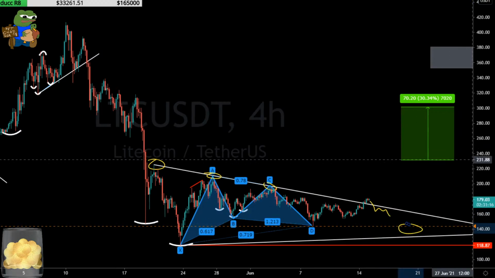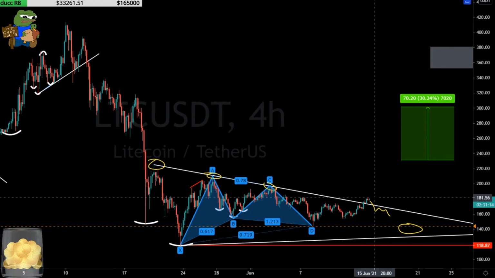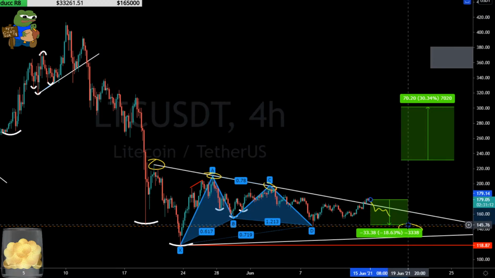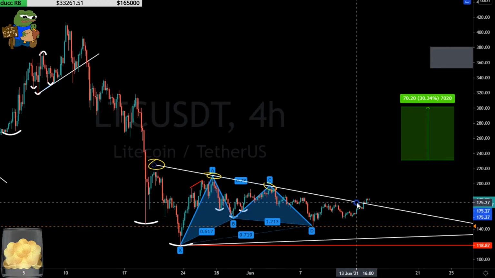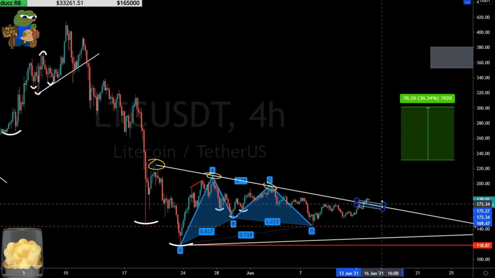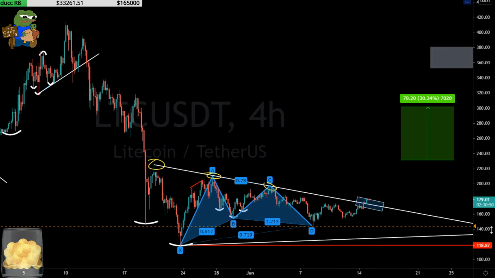Or hold it out, it's up to you, but from where you are down to 140, that'd be an 18% sell-off. So you probably want to bail and re-enter if you fall below this, okay? So, pretty clear area of invalidation. You don't want to lose this area right there, okay?